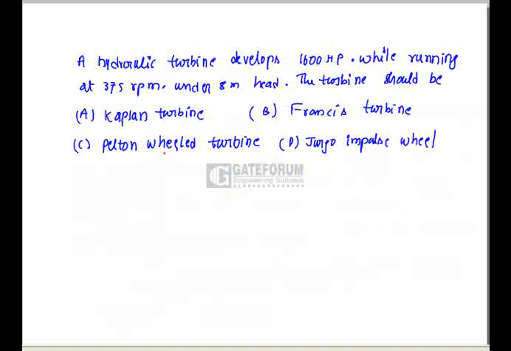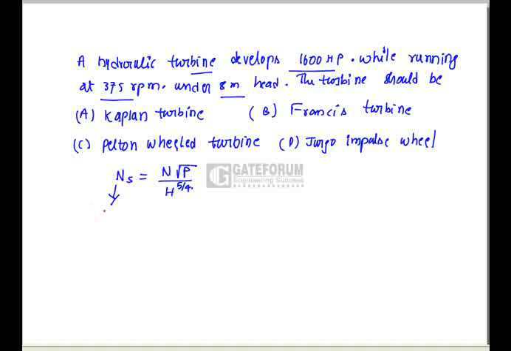We have to find out which type of turbine it is for the given data. A hydraulic turbine develops 600 horsepower while running at 375 rpm under a head of 8 meters. Now we know the specific speed is equal to speed times root of power divided by head to the power 5 by 4. Depending on the specific speed we can differentiate the turbines.